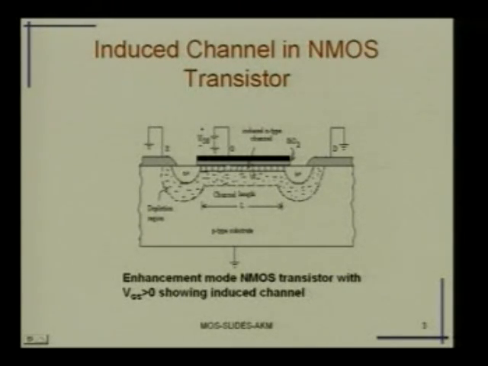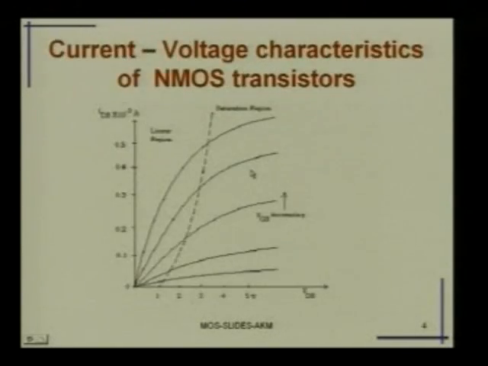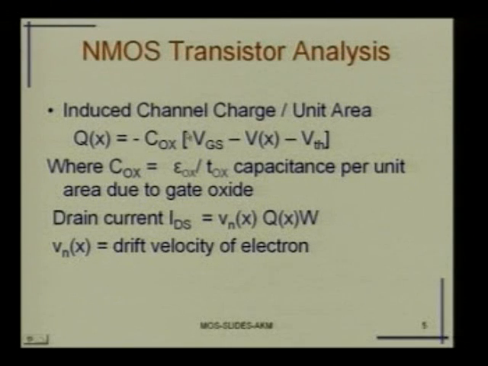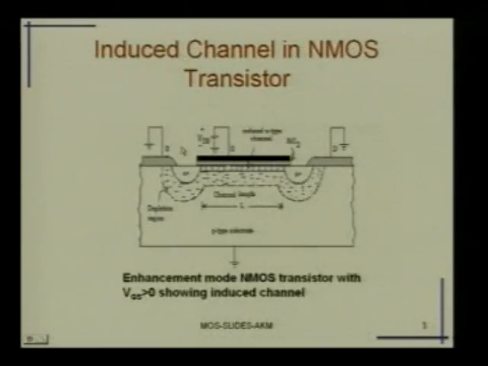What is the expression for this charge as I apply VGS? One more thing: if this is my x direction and this is the y direction, the voltage will vary along this direction. You have applied VDS here, and the voltage is not constant at every point.